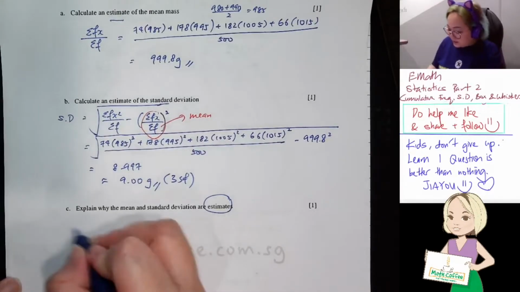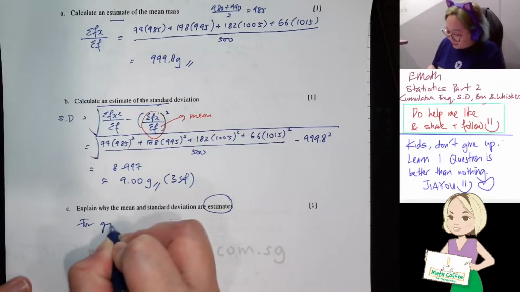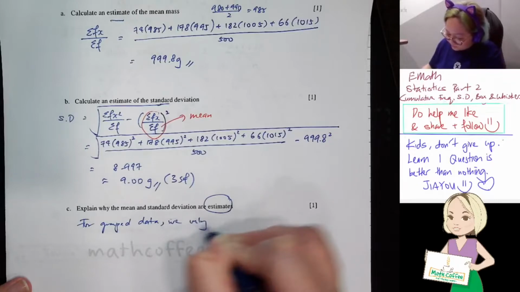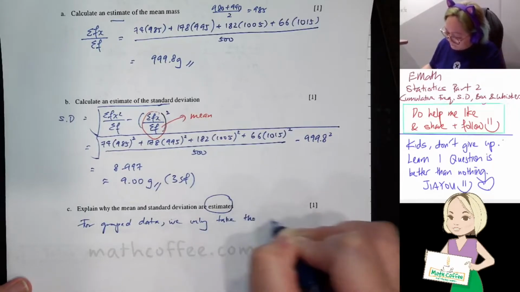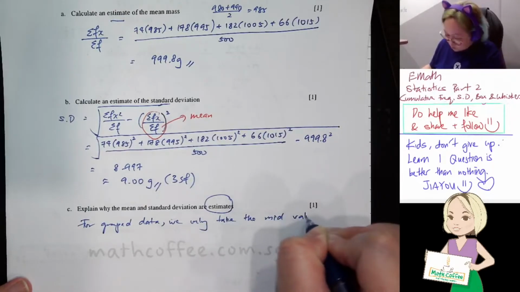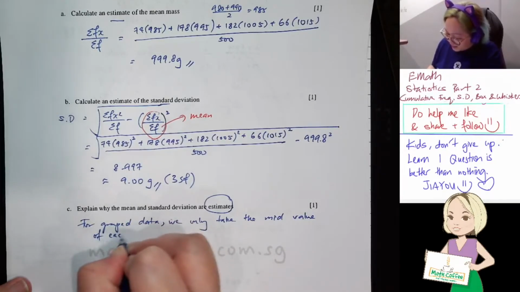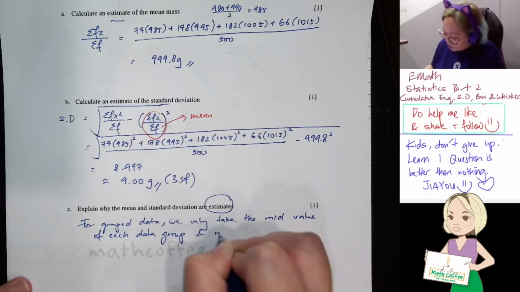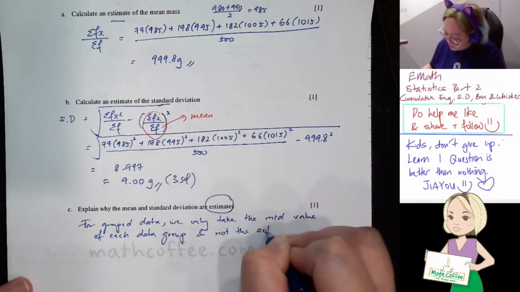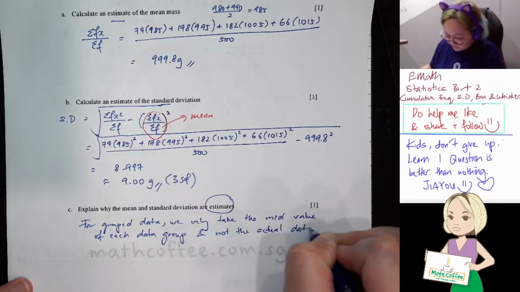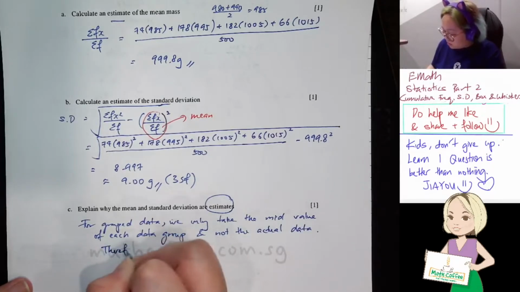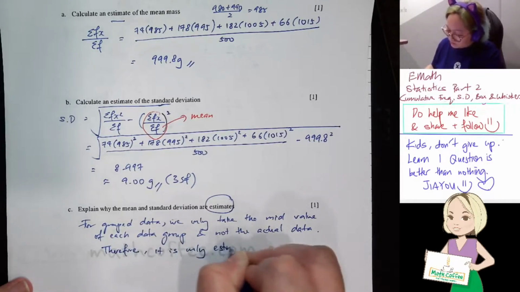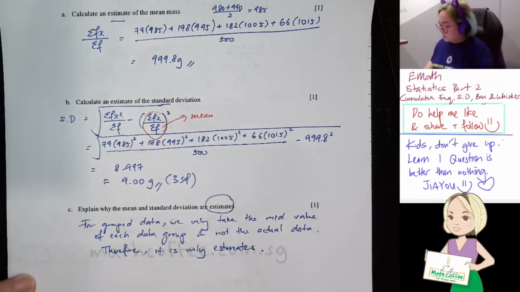So we will say that for grouped data, we only take the mid value of each data group and not the actual data. Therefore, it is only an estimate. Okay?